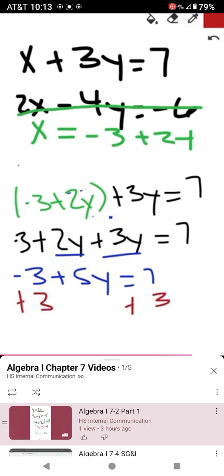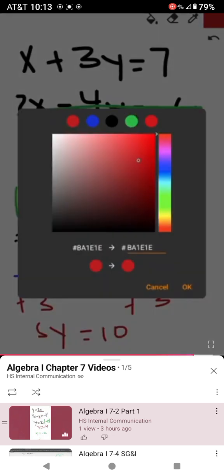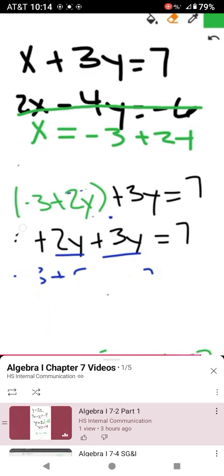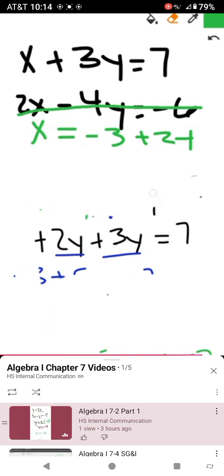And then we're left with 5y equals 10. Divide by 5 on both sides. And we are left with y equals 2. Sorry, it's kind of cut off down there, but we did divide it by 5 on both sides. 5 divided by 5 is left with y. 10 divided by 5 is 2. Left with y equals 2.